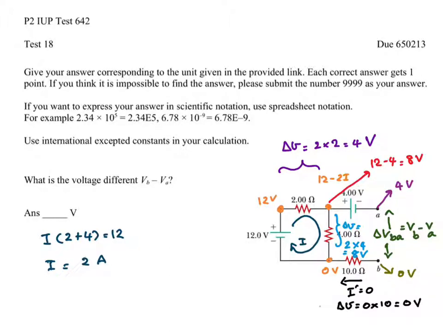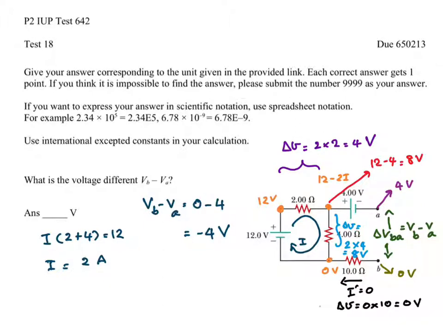Right? So it means that we can now calculate VB minus VA, which equals 0 minus 4, and it is minus 4 volt.